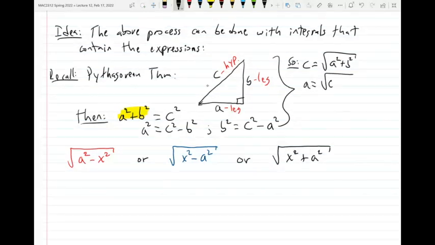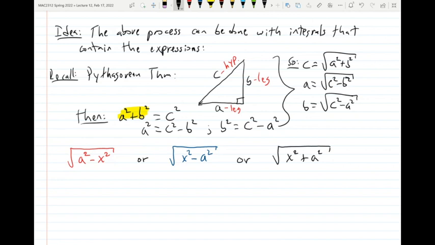Then A is the square root of C squared minus B squared, and B is the square root of C squared minus A squared. Yes? In other words, every time that you see this radical on top, that radical represents the hypotenuse of the triangle, and the two numbers that you see are the legs.